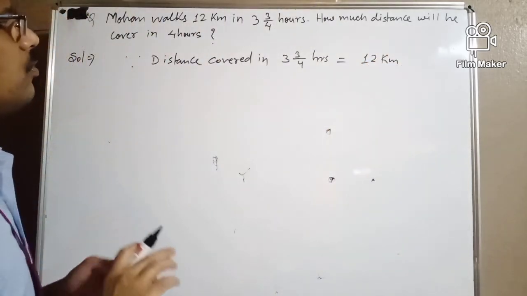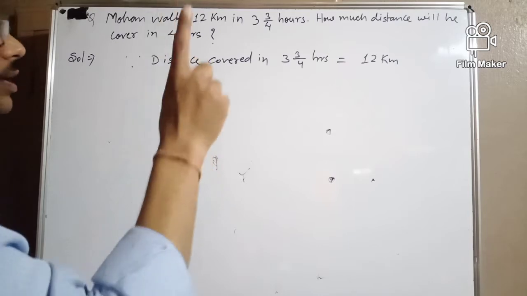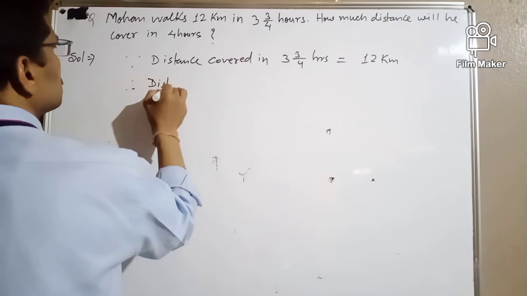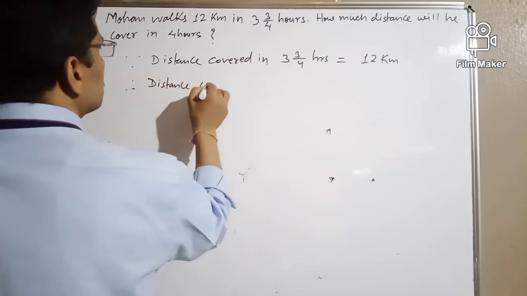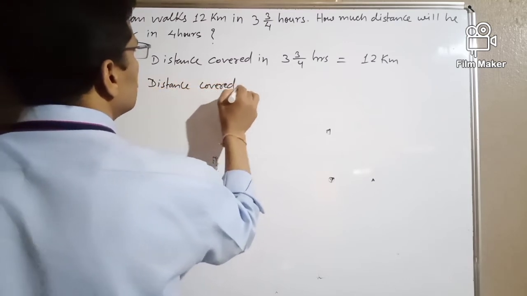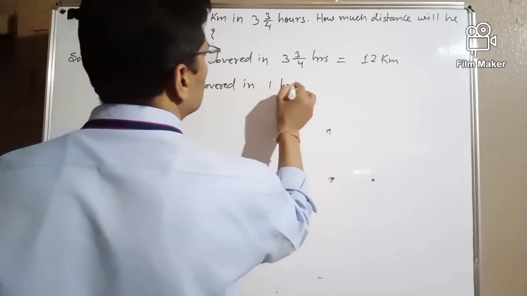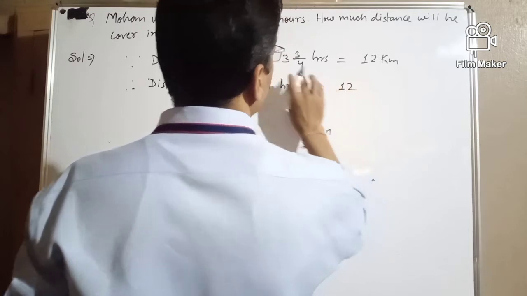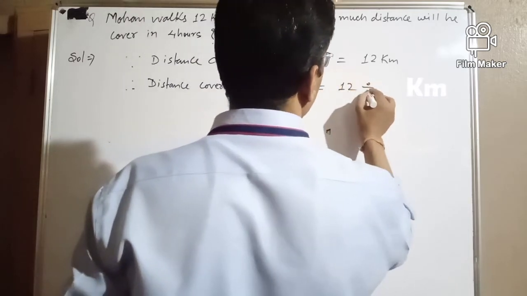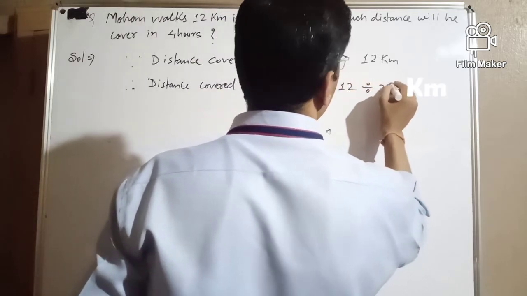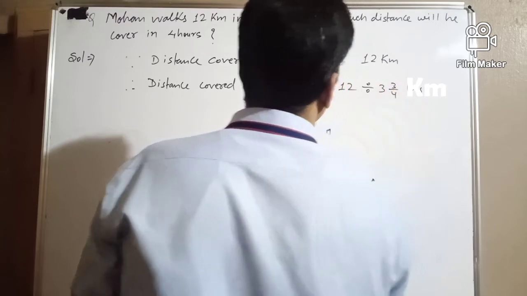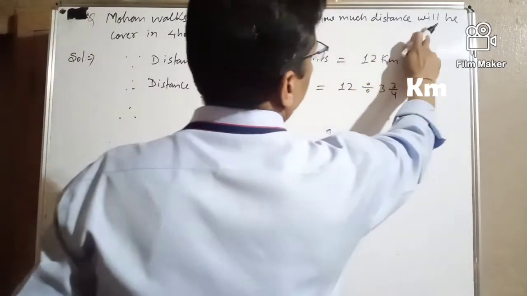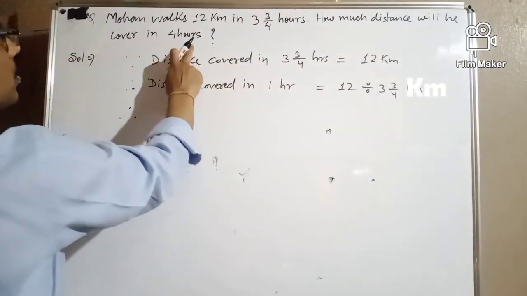Now we would like to find out how much distance he will cover in 1 hour. So we can write here, therefore, distance covered in 1 hour, how much? 12 divided by 3 whole 3/4.